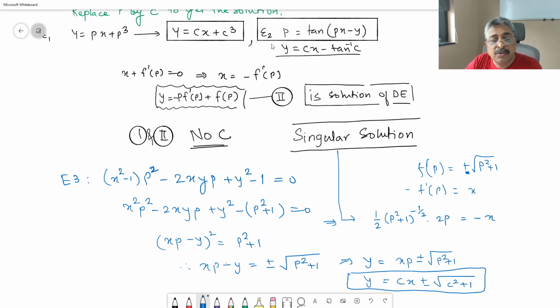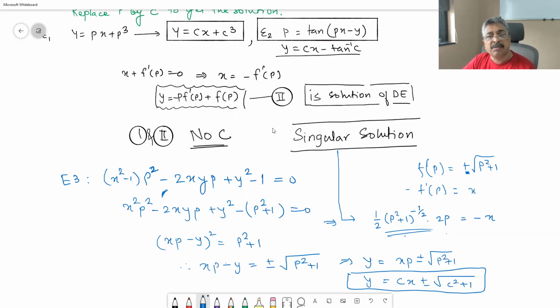So if you substitute this back, it is difficult because it is radical, and you will not be able to get the value of p, which you can go back and put in this. It is a little difficult, and therefore you don't get the singular solution. Maybe you can try, and if you get one, then we will observe what kind of singular solution it is and what is its geometric sense.